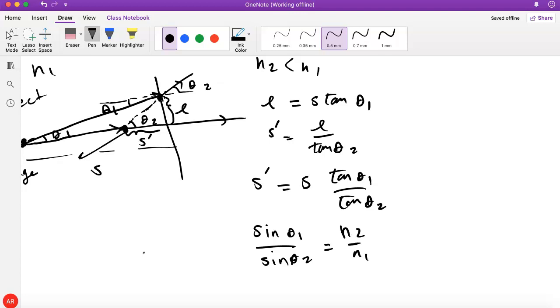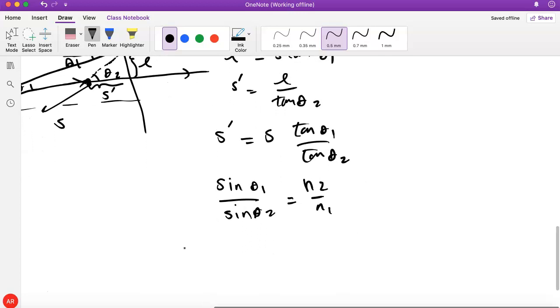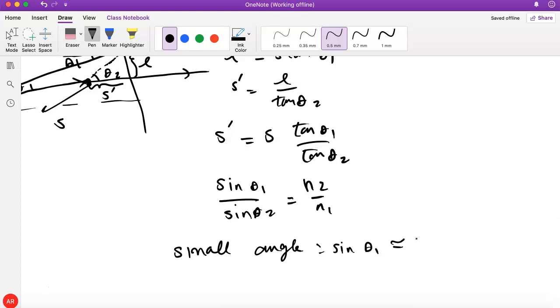But in the limit of a small theta 1, so small angle approximation, sine theta 1 is approximately equal to tangent theta 1. And if theta 1 is small, then theta 2, again, is going to be small, right?